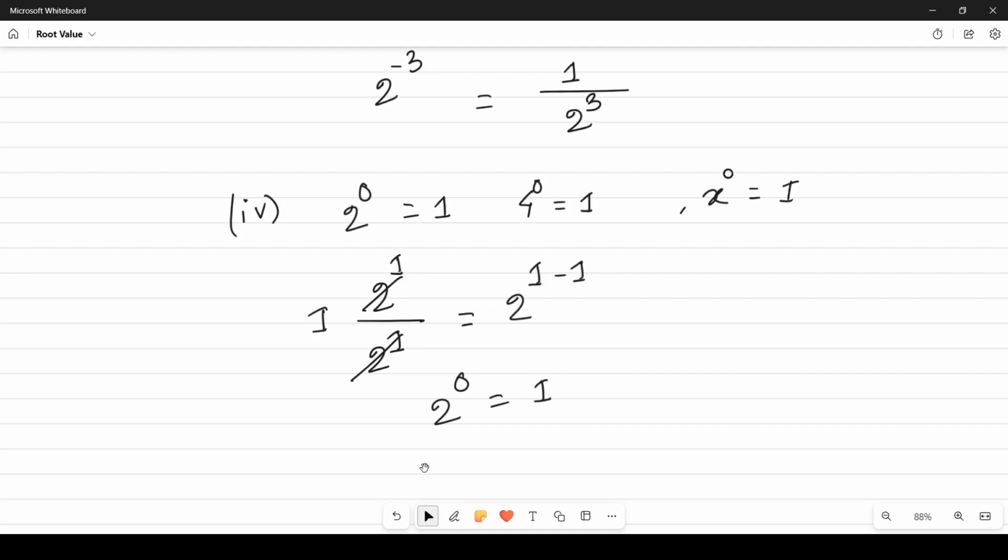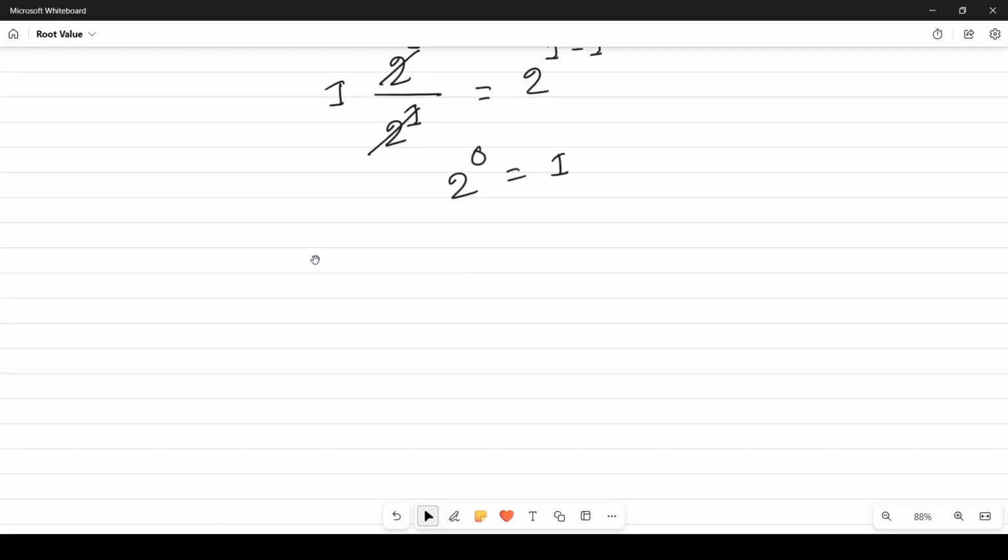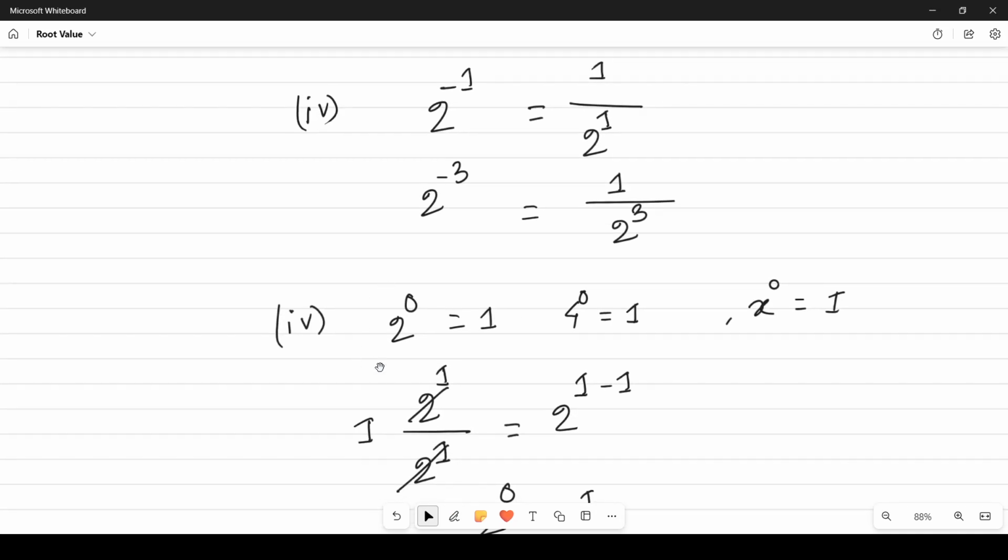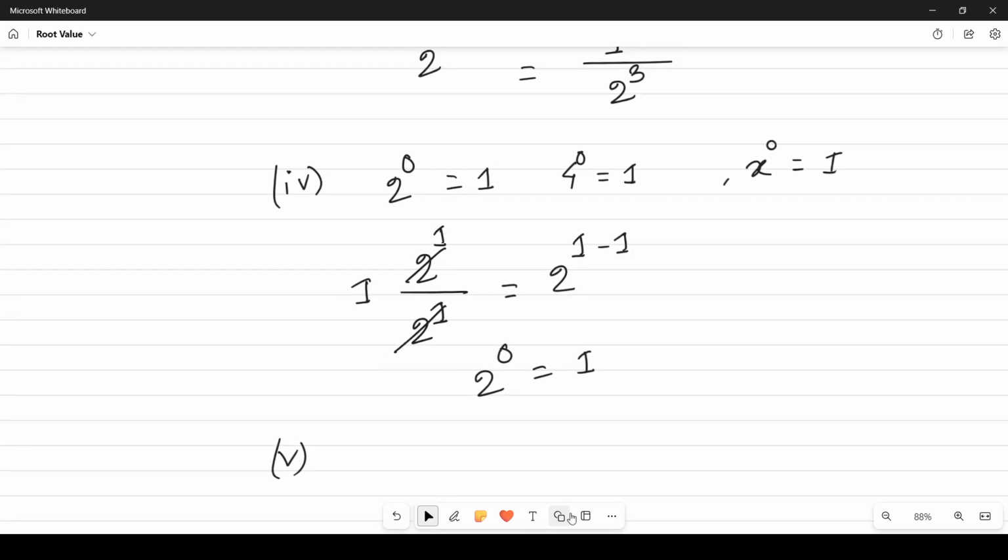So this is the fifth law of indices. Now we will be discussing the last law, which is the sixth law of indices.